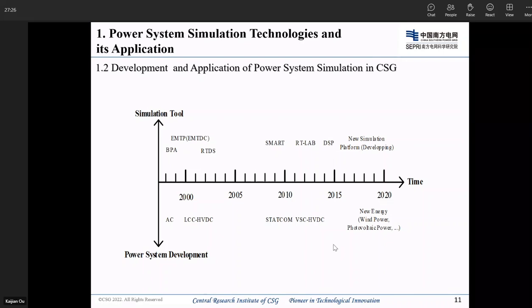Also, in these several years, new energy like wind power and solar power has developed very fast in CSG. So we also need a new simulation platform, and we are now developing some new simulation tools to study the power system. So for CSG, with the power system development, we have developed many kinds of power system simulation tools to study the power system.